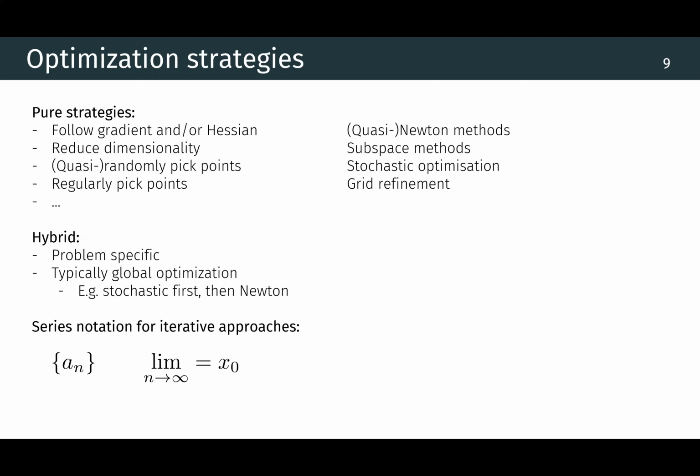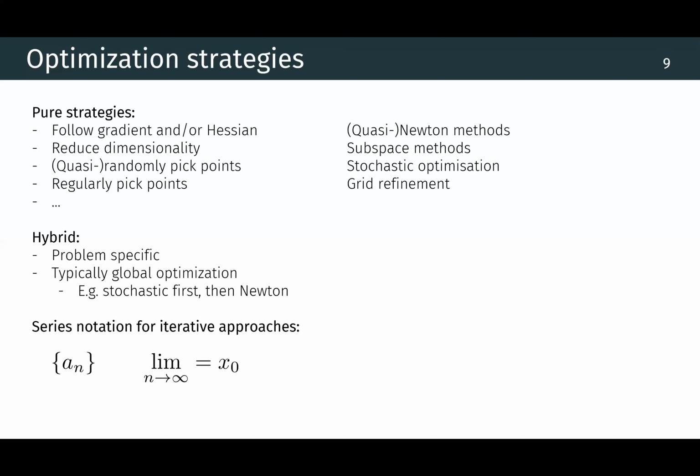And I've labeled them pure strategies because people quickly realize that you basically have two competing problems you need to solve. You need to find something that works largely okay, and then you need to refine this. So imagine if you're in this quadratic region where the harmonic approximation is applicable, going to the correct minimum is fairly easy. Many algorithms can do this in one step. So what you want is to have this global problem, find some point that is kind of okay, so one conformer, but then optimize that conformer with gradients and then pick some other conformer.